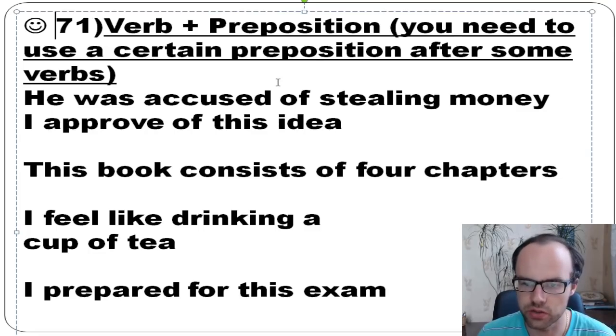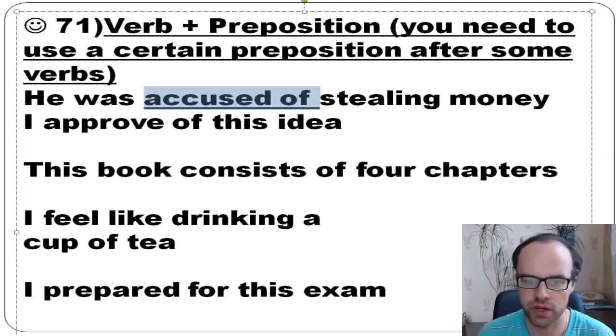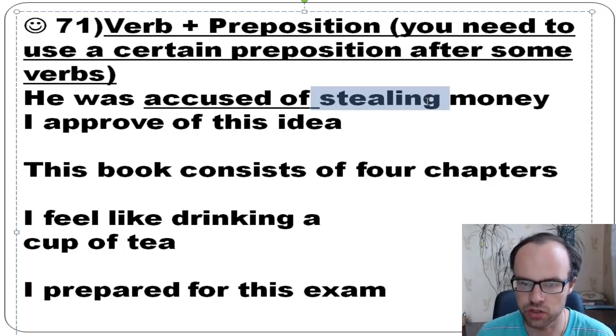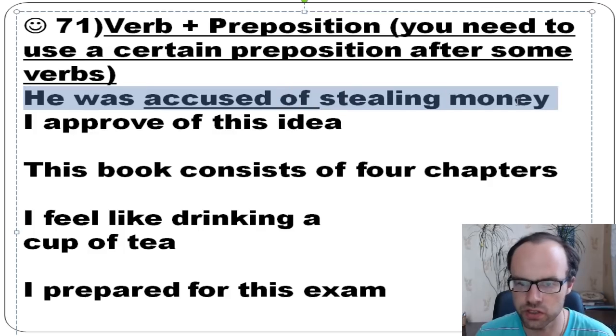He was accused of stealing money. So we say accused of, he was accused of doing something. You remember this rule that if it's another preposition, not to, we use verb plus ing. So he was accused of stealing money.